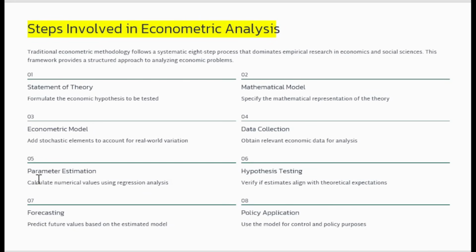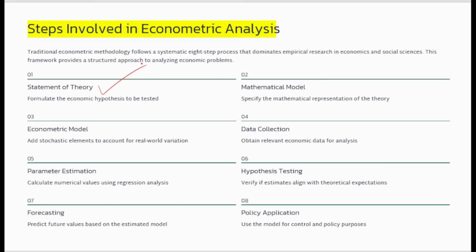Next is, what are the steps involved in the econometric analysis? The first and preliminary step in the econometric analysis is statement of the theory. First, we formulate the economic hypothesis that needs to be tested, and it needs to depend upon the economic theory.